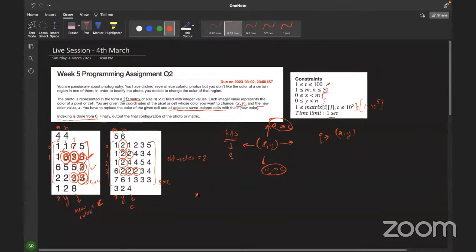Now, if the X comma Y cell is given to us, what would be the adjacent cells of this cell? The adjacent cells would be X plus 1 comma Y, X minus 1 comma Y, X comma Y plus 1, and X comma Y minus 1. It's pretty intuitive at this point. So these are the cells we need to look at when we are at the X comma Y cell.